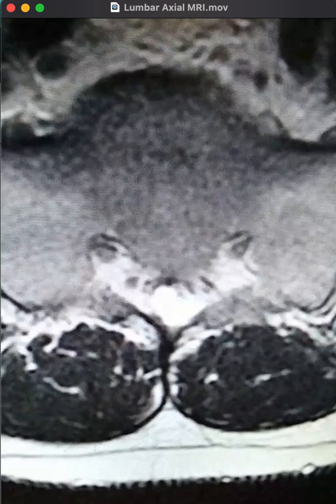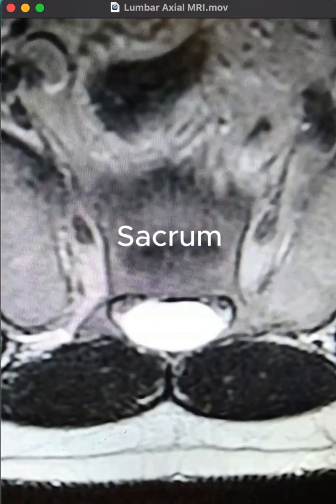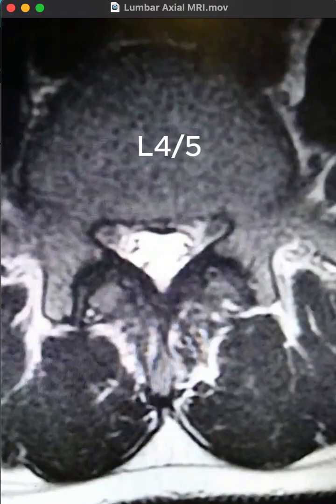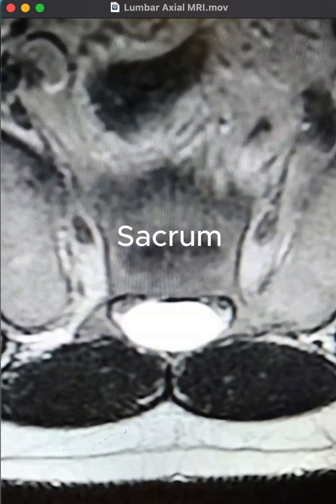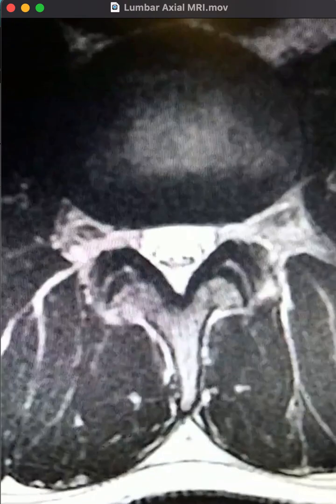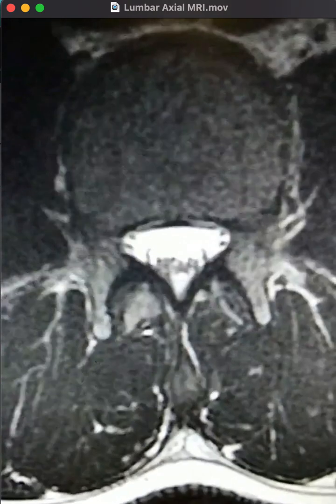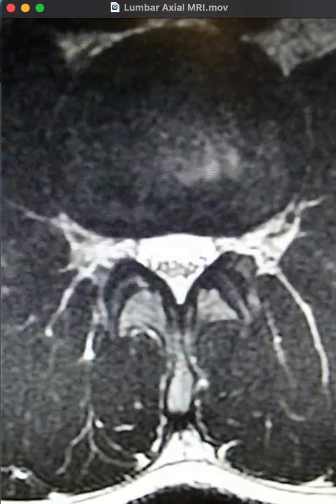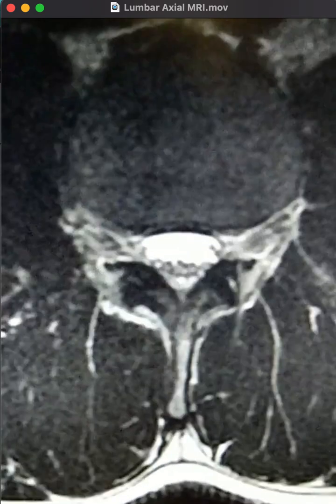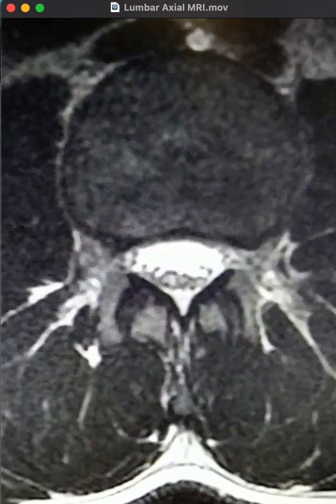I'm going to keep moving a little bit further up the spine. Again, you can see the triangle shape starting to form here. It starts to open up again, nice and circular.